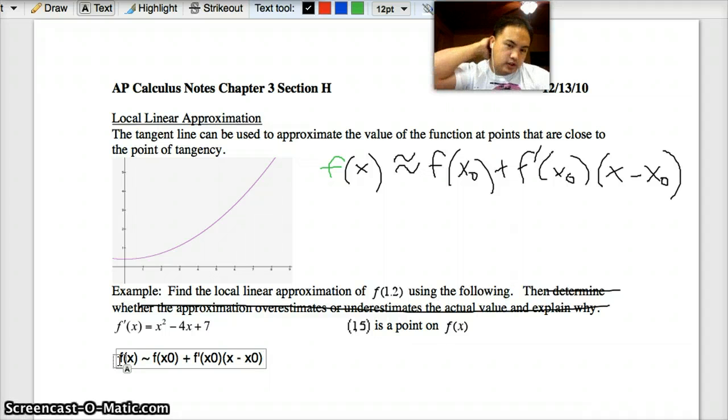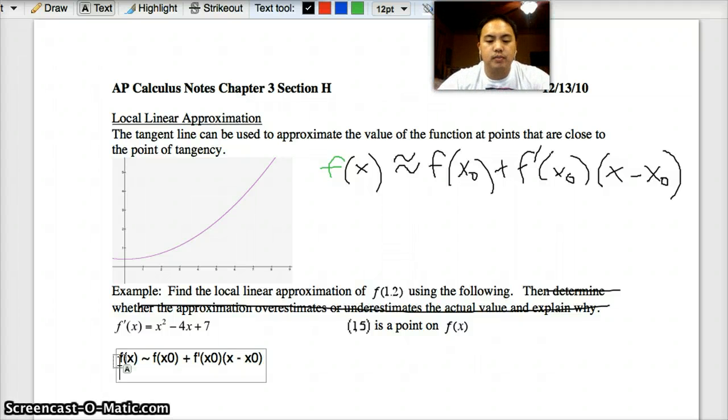If my number is 1.2, can you guess what number I should use that's really close to 1.2 that I can calculate? Yeah, 1. So let's rewrite this problem. f of x is roughly equal to f of 1 plus f prime of 1 times x minus 1.